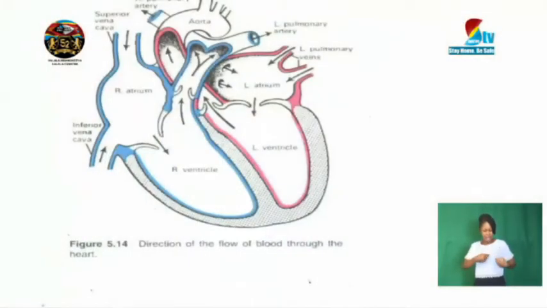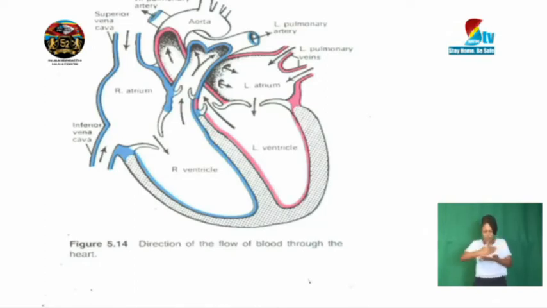We have the heart, the pumping organ for blood. The heart is a muscular organ, which is divided. I'm just preparing to show you very well what I mean. The heart has 4 chambers.